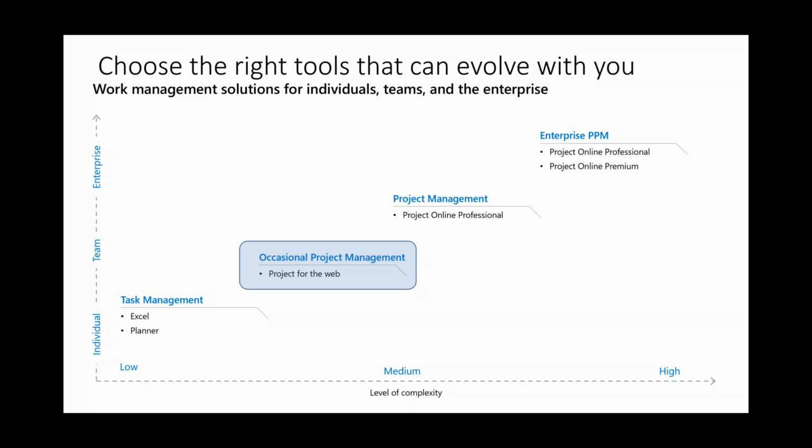Project for the Web is releasing now out to your Office 365 tenants. If you're already a Project Online Professional subscriber, you don't need to do anything, you'll just get it. And for those of you that are not yet subscribers, there's a new SKU called P1 that you can subscribe to get Project for the Web.